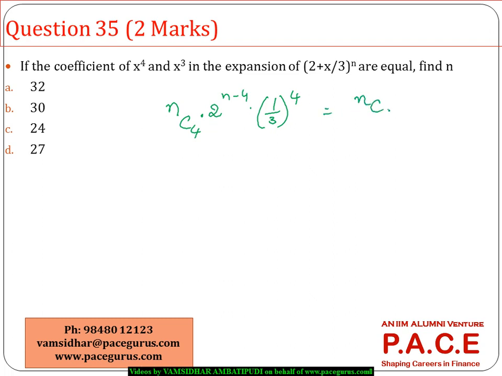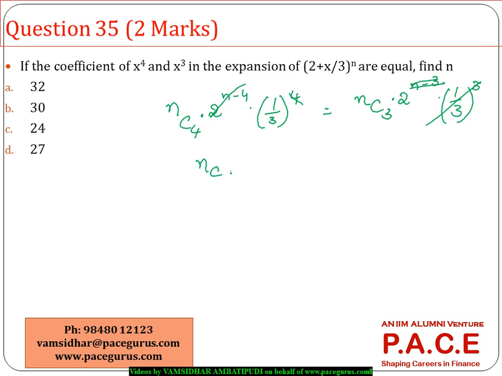What about x power 3? nC3 2 power (n minus 3) into (1 by 3) whole cube. So these are equal. So on simplification, I can very well get that this is 2, and even here I'll get this as 1 by 3.